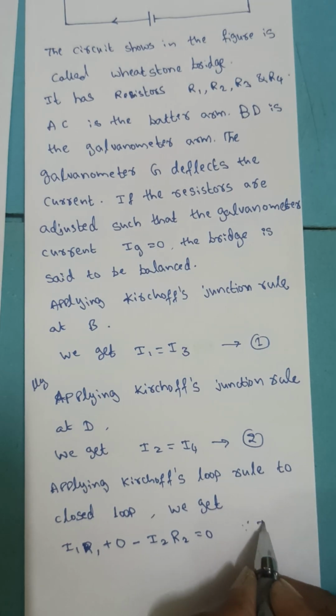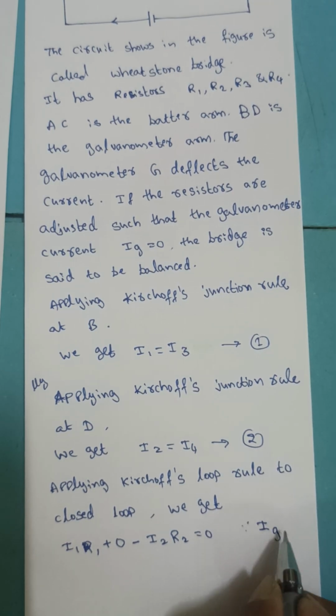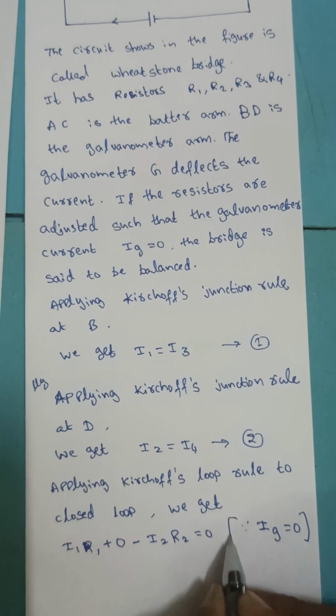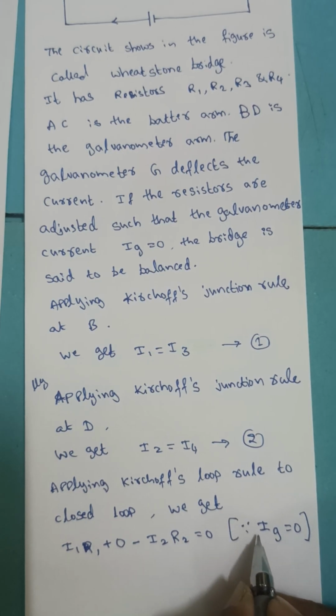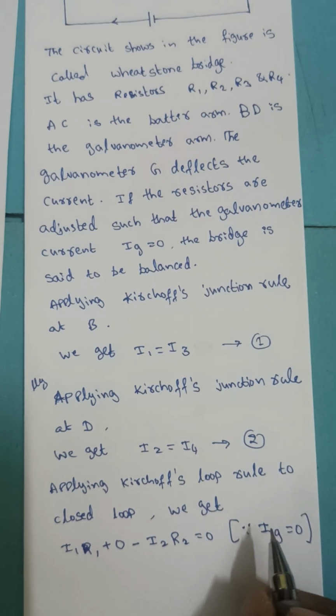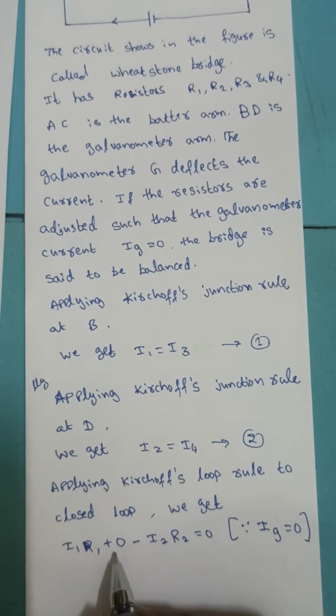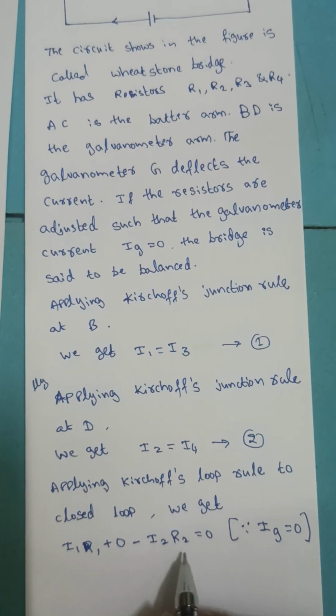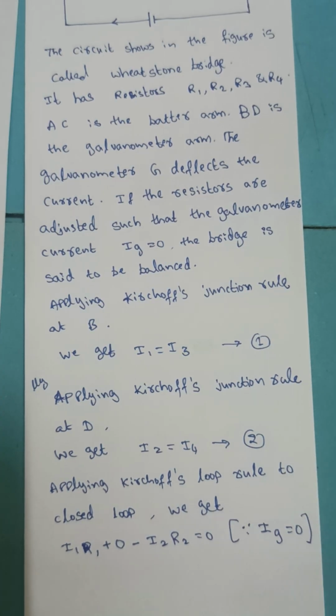Since the galvanometer current Ig is equal to 0, I1 R1 plus 0 minus I2 R2 is equal to 0.